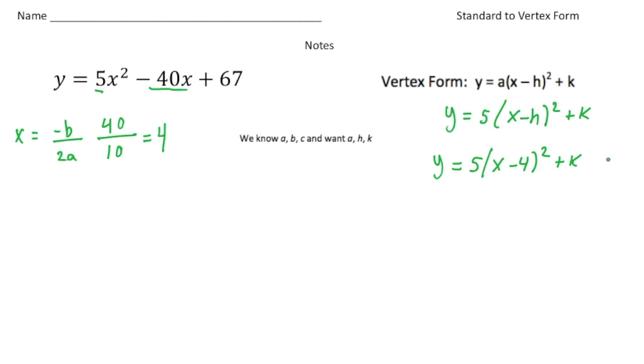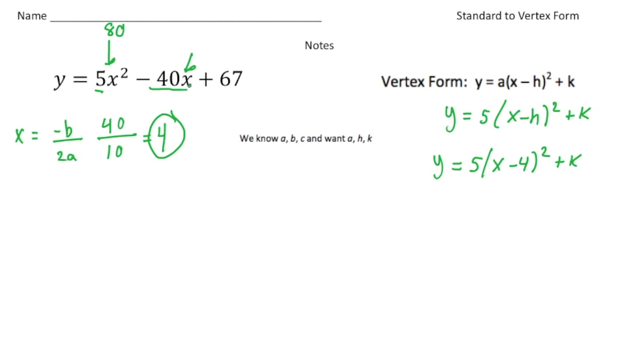The last variable we need to solve for is k. Remember, that's the y value of the vertex. To get that, I need to plug in this x for the x here and also the x here. So 4 squared is 16, and 16 times 5 gives us 80.